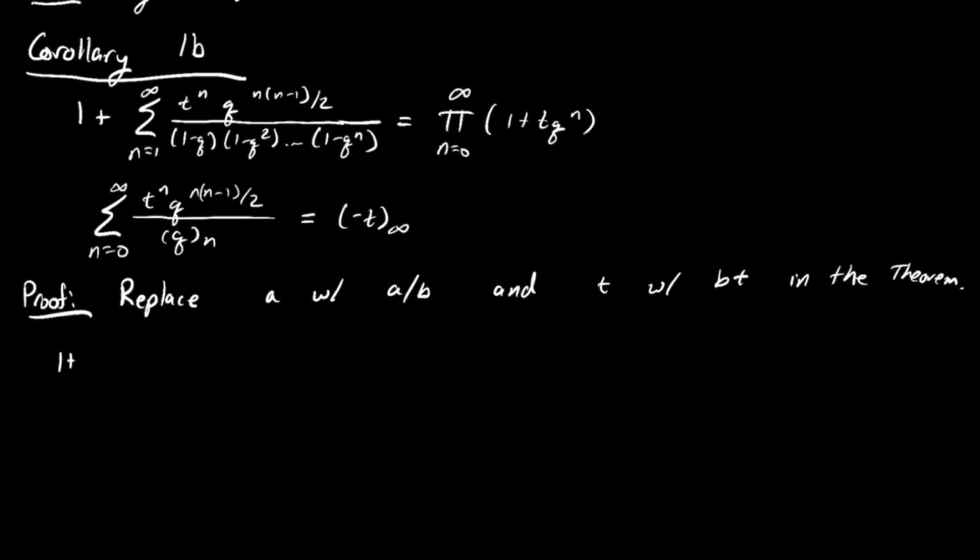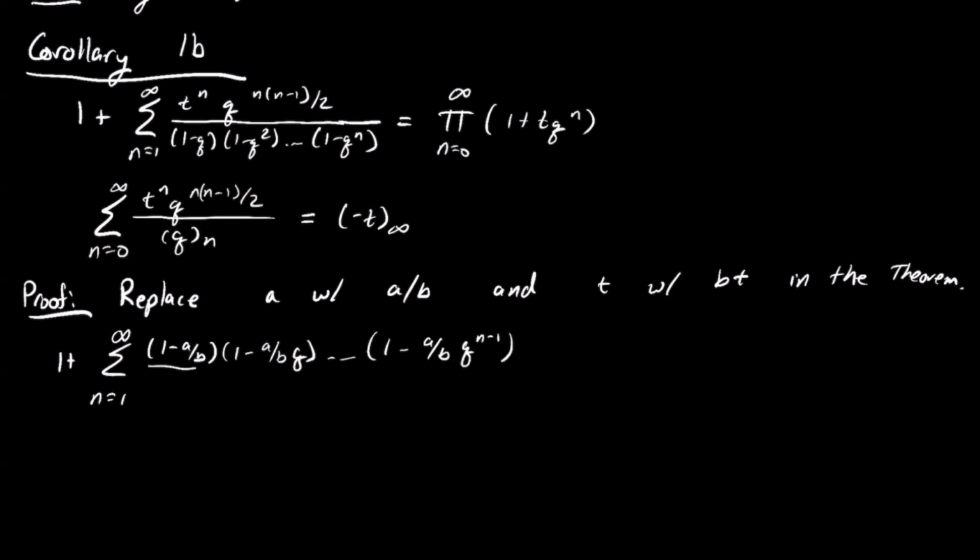Well, this becomes 1 plus the sum, n goes from 1 to infinity. In our numerator, we're replacing the a with a over b. So this is going to become 1 minus a over b, 1 minus a over b times q, and so on and so forth, 1 minus a over b times q to the n minus 1.